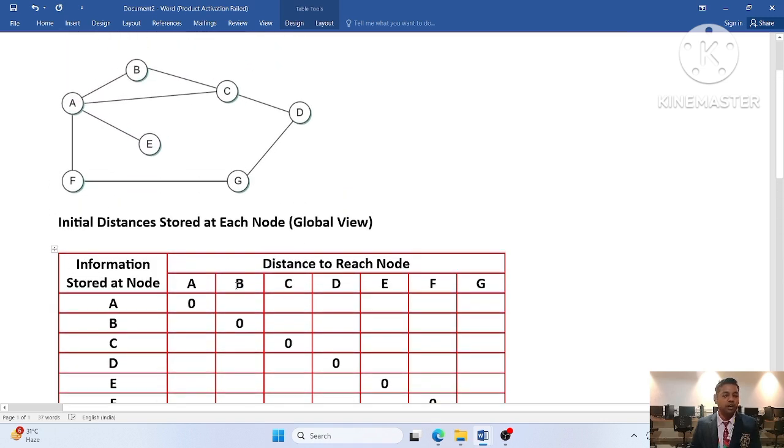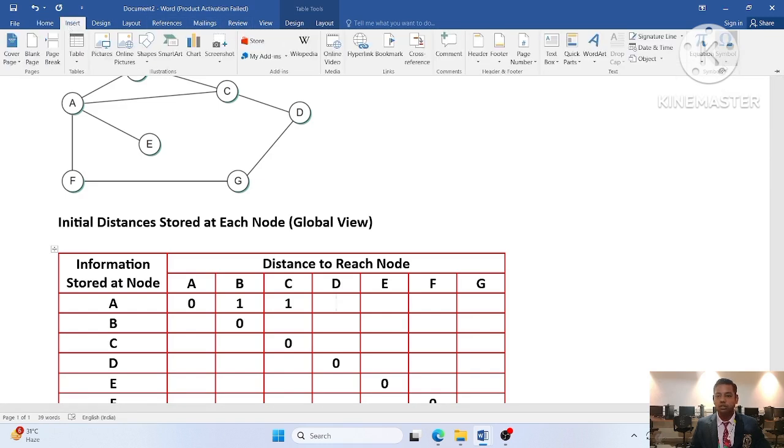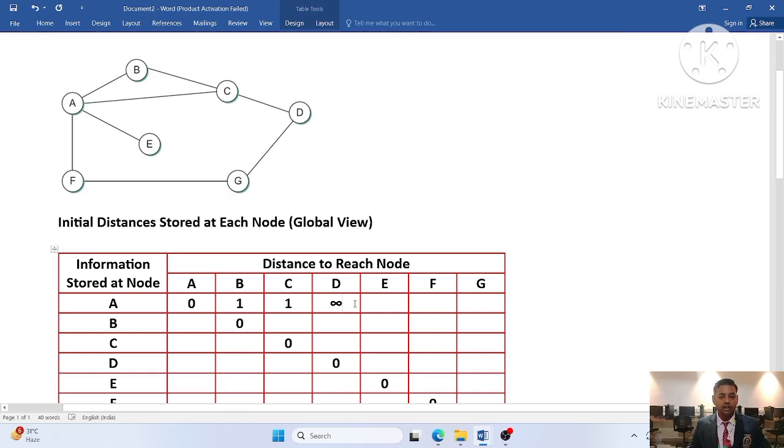Okay, and how to fill the remaining values? From A to B there is a direct link, so the value is 1. A to C there is a direct link, value is 1. A to D there is no direct link, so we need to insert infinity there. So A to D is infinity.